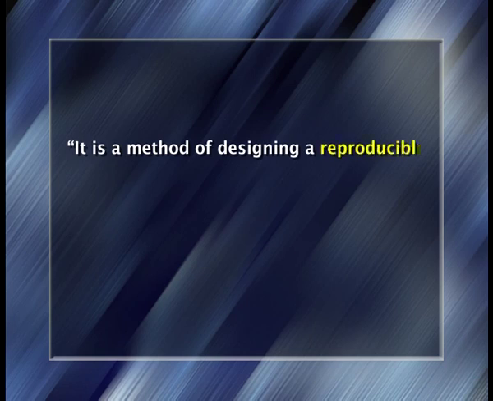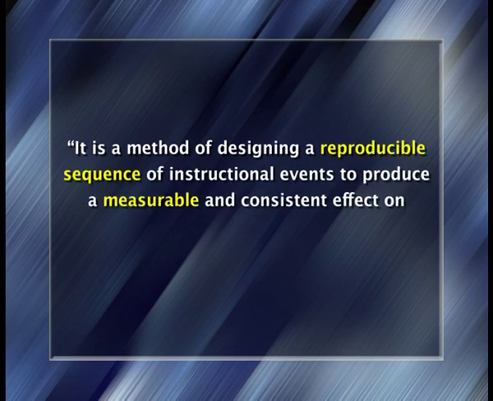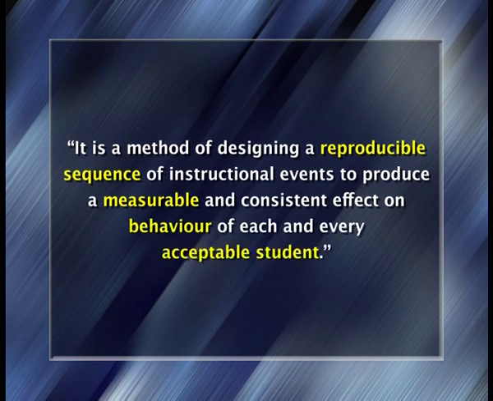Susan Markle has given a wider definition of programmed instruction. It is a method of designing a reproducible sequence of instructional events to produce a measurable and constant effect on the behavior of each and every acceptable student.